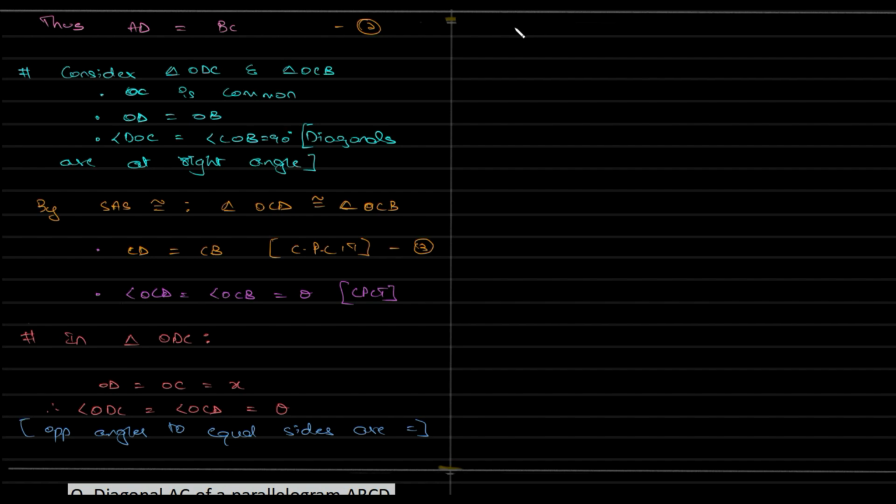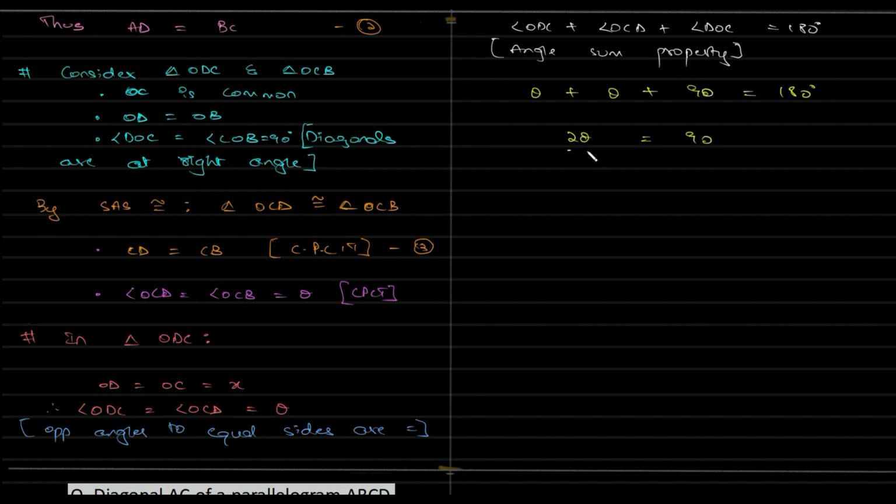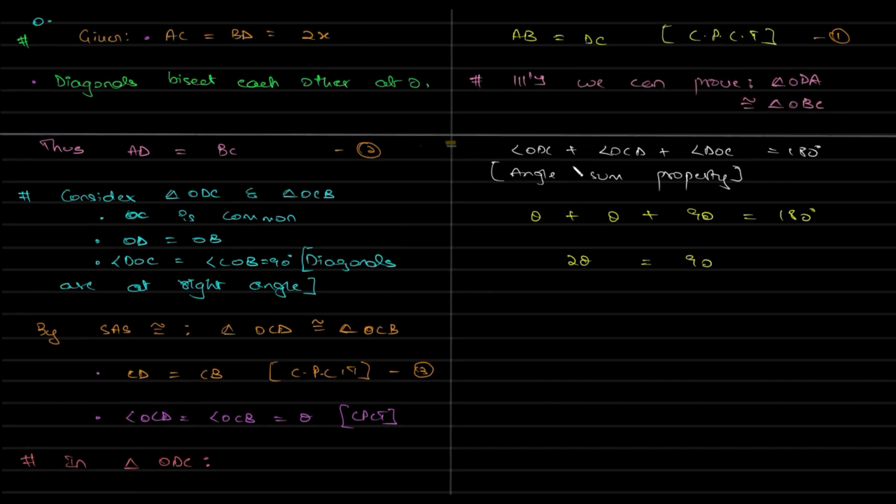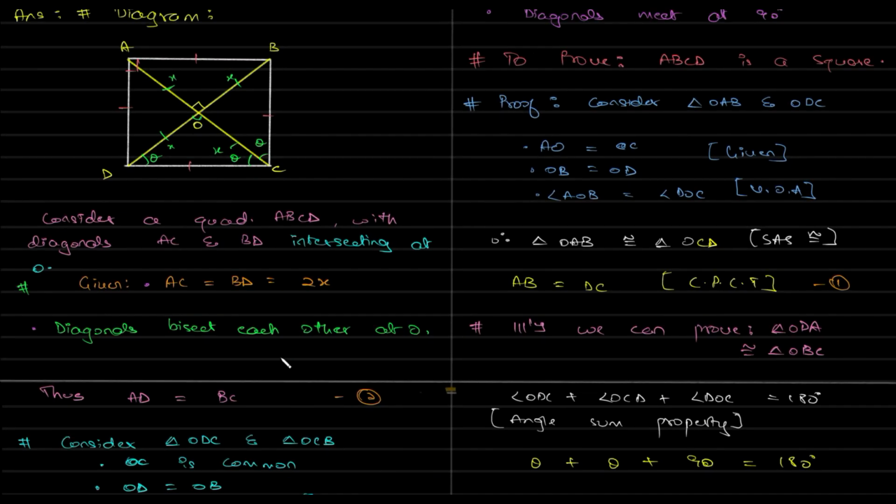So with the help of angle sum property, angle ODC plus angle OCD plus angle DOC is equal to 180 degree. This is theta, this is also theta, and this is 90 degrees. So this is equal to 180 degree. So solving this, 2 theta is equal to 90 degree, right?